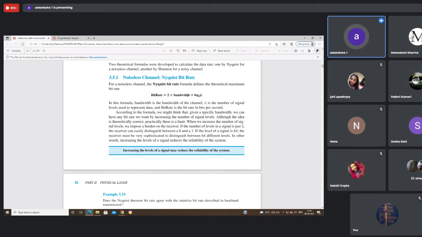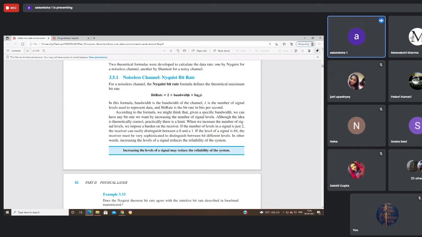So from 0 to 7, in 3 bits, I can represent 8 different numbers. That means if I use 8 different voltage levels, 8 different signal levels, I can send 3 bits in that. Got my point? Yes, ma'am.